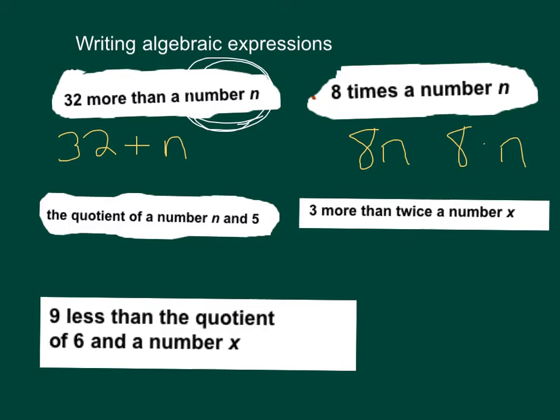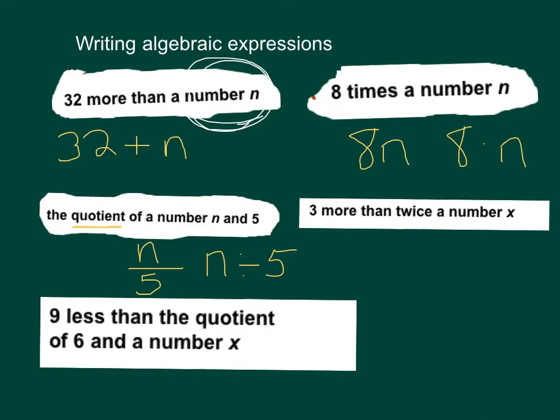Next one, the quotient of a number n and 5. Quotient is the answer to a division problem. In algebra we write division as a fraction, but you could also write it with the division sign. Either one of those will work.